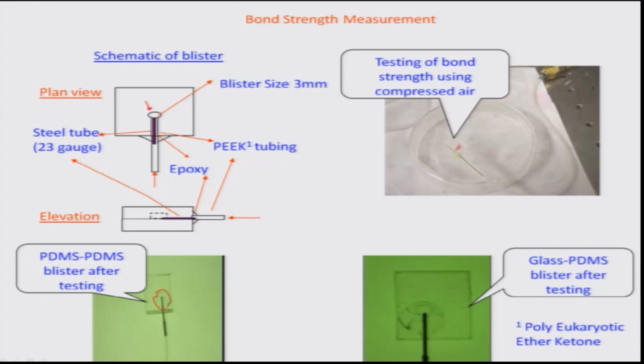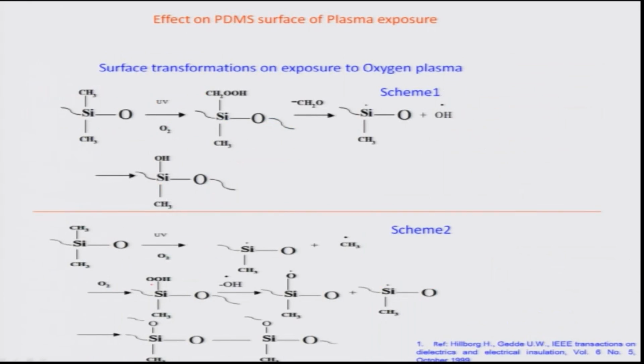And there is an instance when you can see the surface getting separated under the microscope, and that is the pressure at which the bond strength fails, or the bond fails between the two surfaces in question. So, this way you can find out that due to the oxygen plasma exposure, there is a chemical surface transformation limited to only a few layers of the surface.